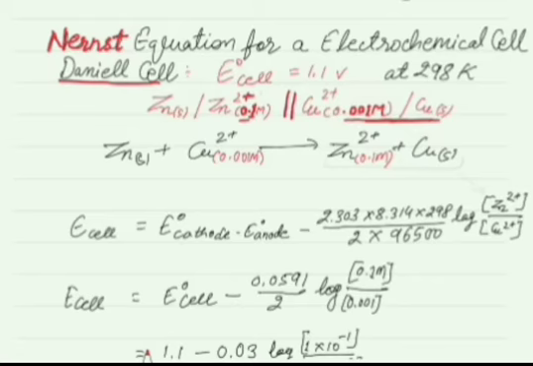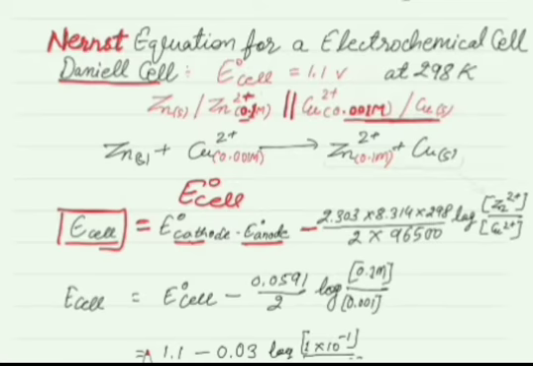So after that, you can see here that in order to write the Nernst equation for the cell, we firstly write the E of the cell, the EMF of the cell, is equal to E naught of the cell, which, as you can understand well, is equal to the standard reduction potential of the cathode minus the standard electrode potential of the anode, right?